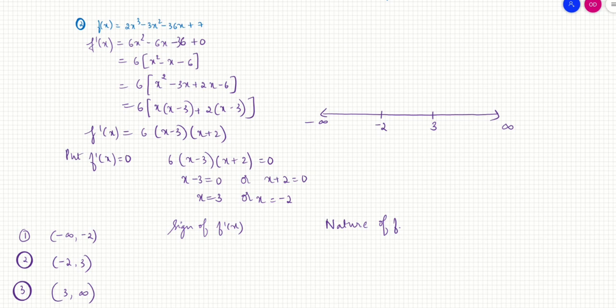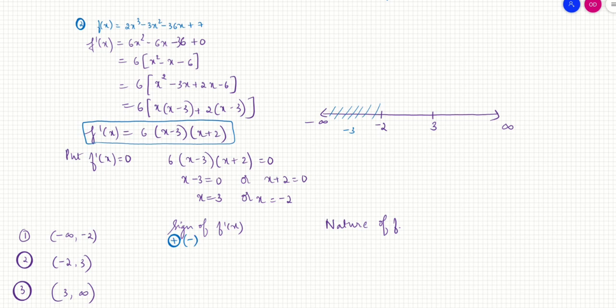Now, in the first interval, let's take any number. I can take minus 2.01, I can take minus 3, minus 4 and so on. I will take minus 3 and substitute in f dash of x. Now 6 is however positive. x minus 3, so minus 3 minus 3 is minus 6, which is negative.